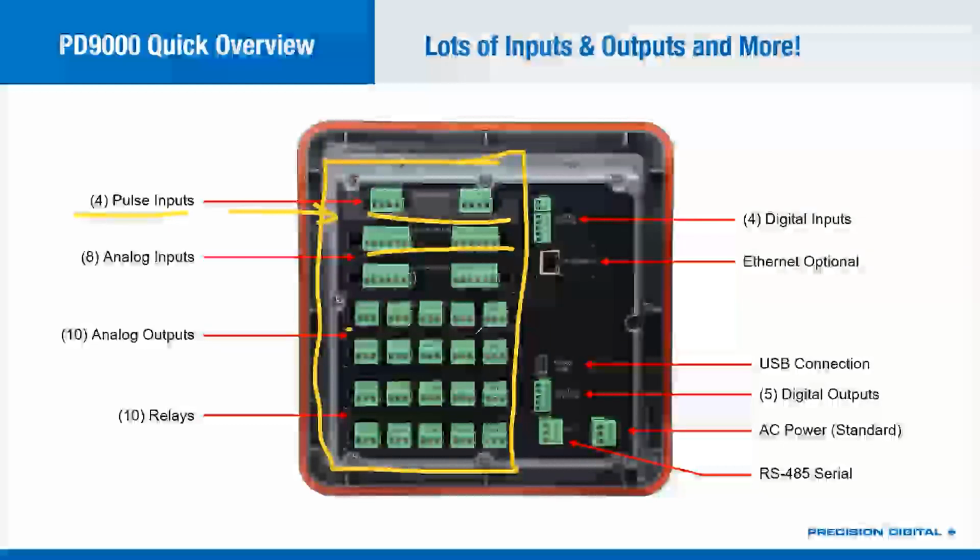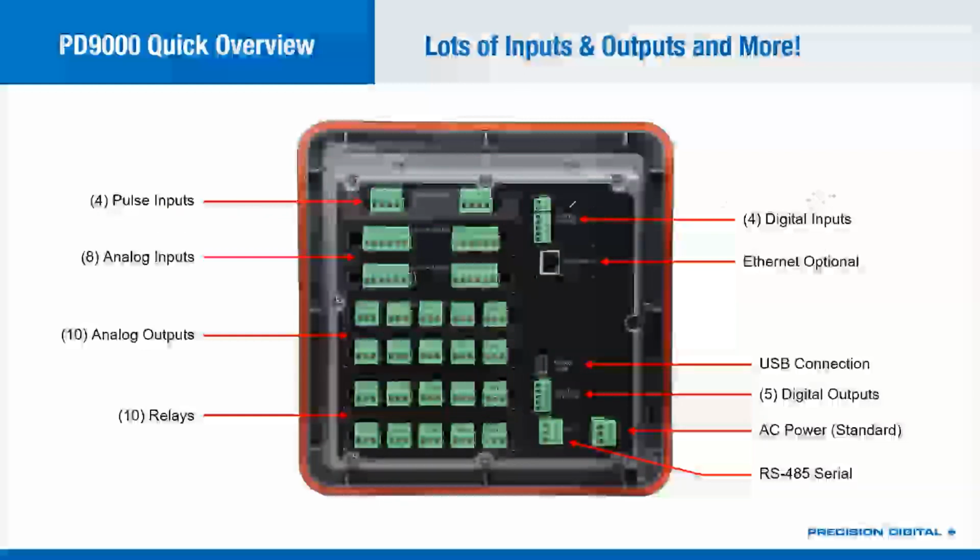Or you can fill it up with 4 analog outputs, that's 4 to 20 milliamp outputs with power supplies, or 5 relays per slot. You can see there's a lot of different combinations of pulse, analog, relays, and 4 to 20 milliamp outputs that I can put onto this to really customize it and build it for the needs of your application.